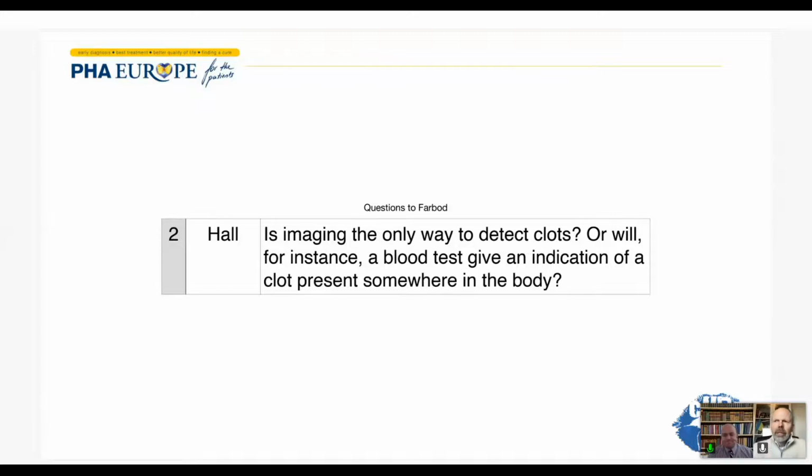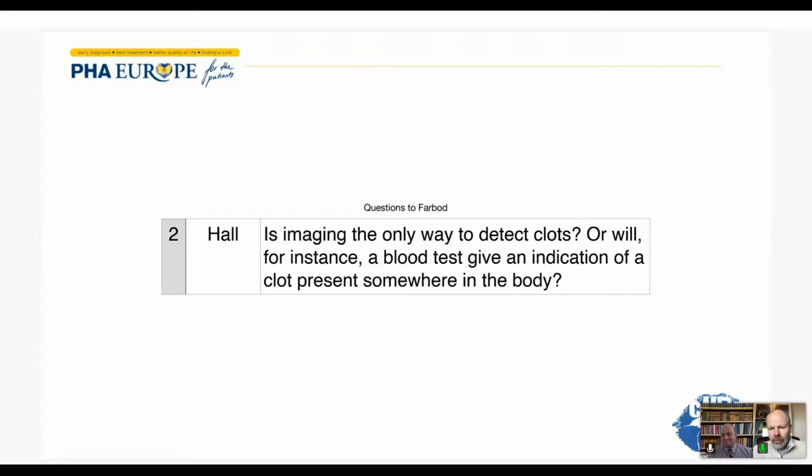Okay. I guess part of my question is related to the fact that you have a newly diagnosed patient and they don't know the reason for your PH. And then I just wondered, do you need to do imaging to rule out clots, or can you through a blood test tell, yes, here is probably a clot present somewhere?